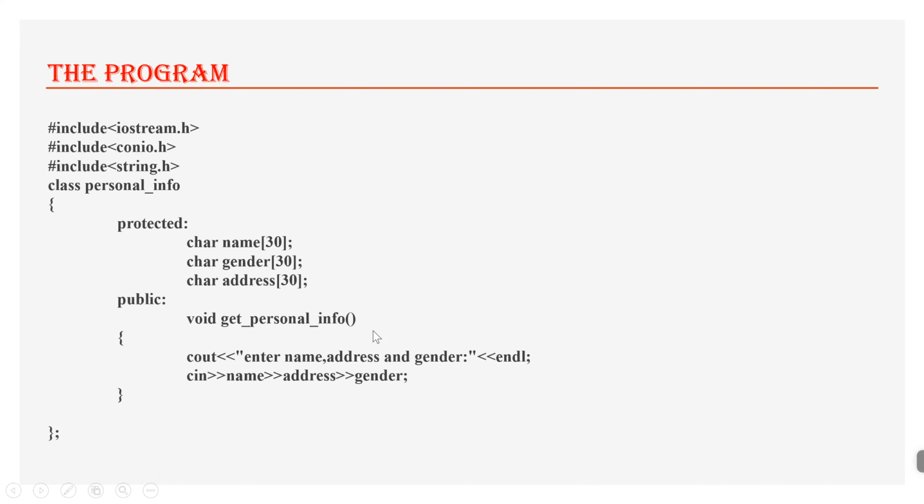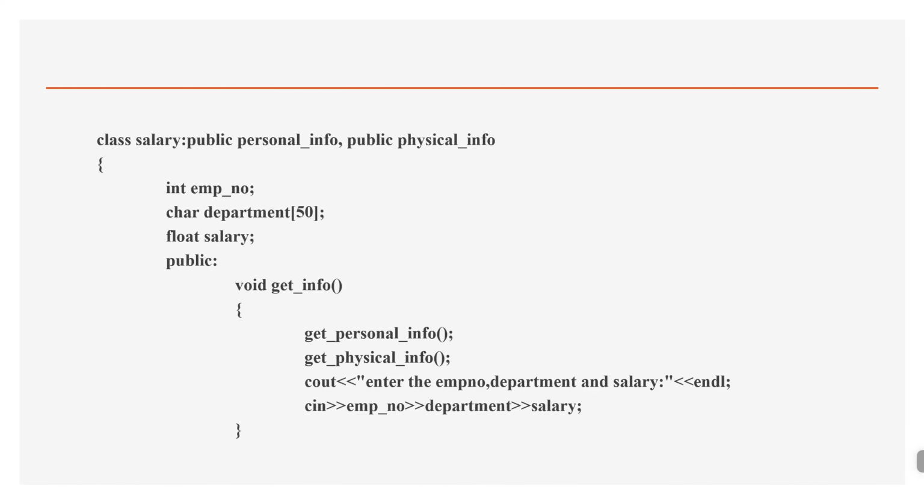So name, address, gender is read through personal info. Then height, weight, blood group. These are the three pieces of information which it fetches from physical info. So these two are the functions which are defined in the base classes.